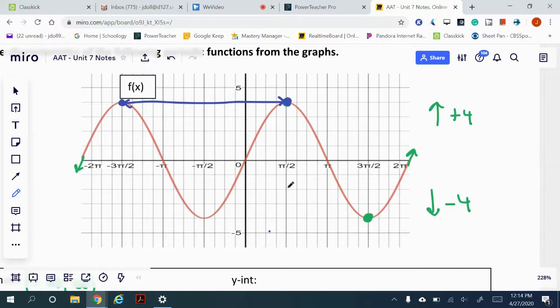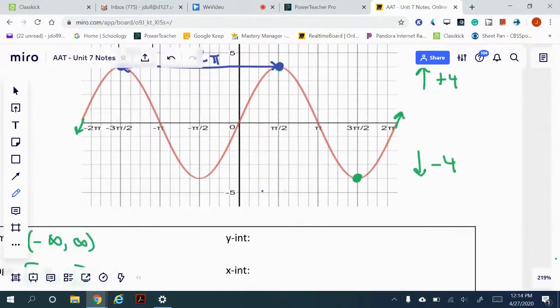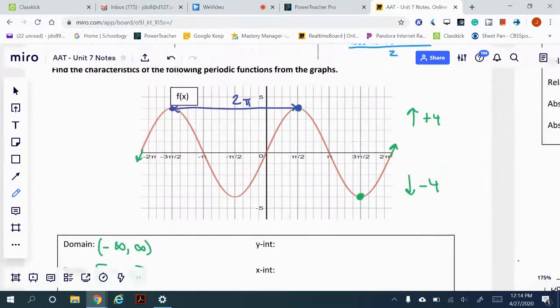How long does it take horizontally to get from one relative max to another? Well, -3π/2 to +π/2 is actually 2π. Because this is periodic and repeats itself, every time I find a relative maximum, I can go to the right or to the left 2π on the x-axis and end up at another relative max or min. And because this graph goes on forever, I can do that an infinite number of times.